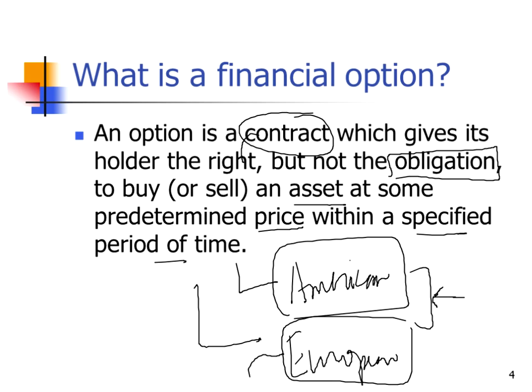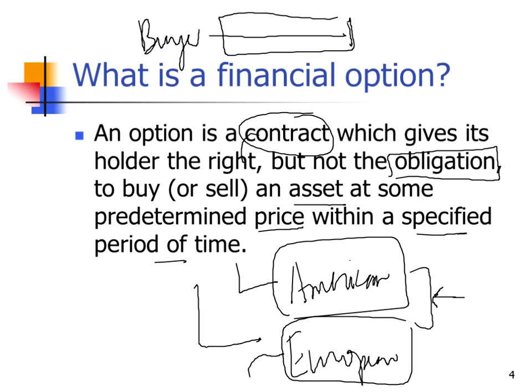So for example, it's a contract. The buyer would buy the option to buy the share within a specified period of time for a preset price which will expire on a certain date.